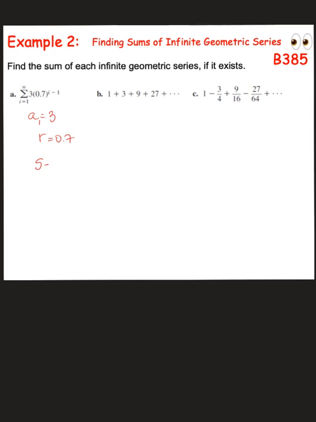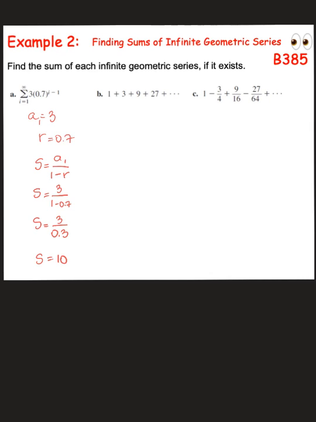So the sum will be found by a1 divided by 1 minus r. So the sum will equal the first term, which is 3, divided by 1 minus 0.7. So the sum will be 3 divided by 0.3. So finally the sum is going to equal 10.